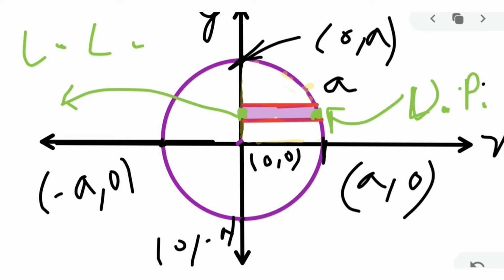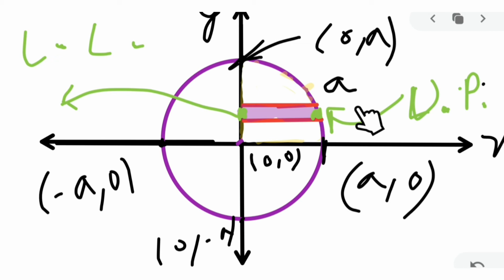Since in this direction the value of x increases, the lower limit will come first and then the upper limit will come. So in this way we need to find this lower limit and upper limit.